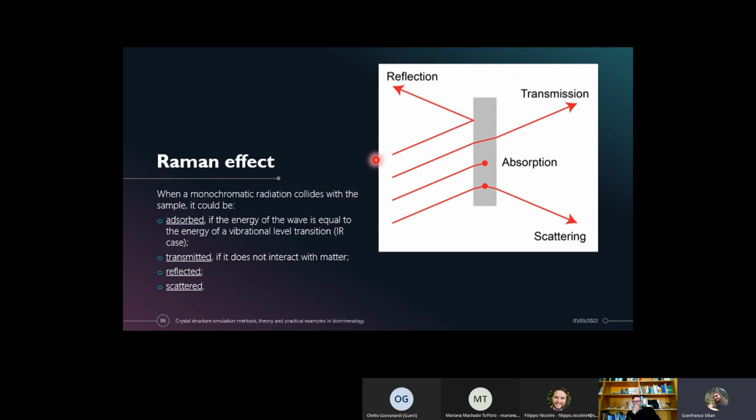Because when a monochromatic radiation hits a sample, you can obtain absorption, as in the case of infrared spectroscopy, or transmission. It traverses your sample and does not interact with it. Or it can be reflected or scattered, so diffused in your sample.